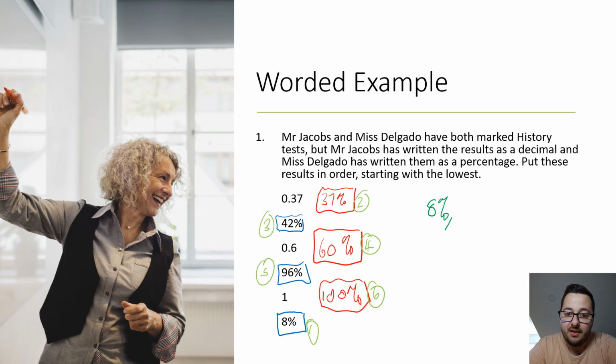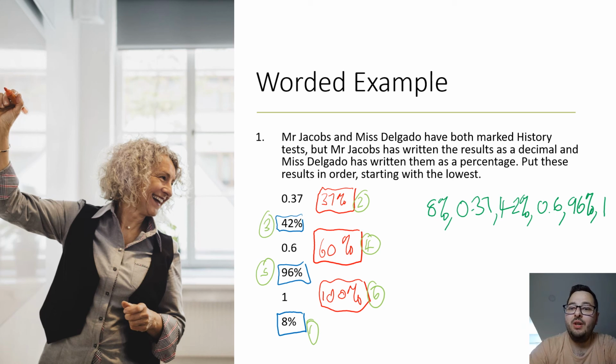The second one was 0.37. Then it was 42%. Then it was 0.6. Then it was 96%. And then it was 1. Okay, so these results are now in order.